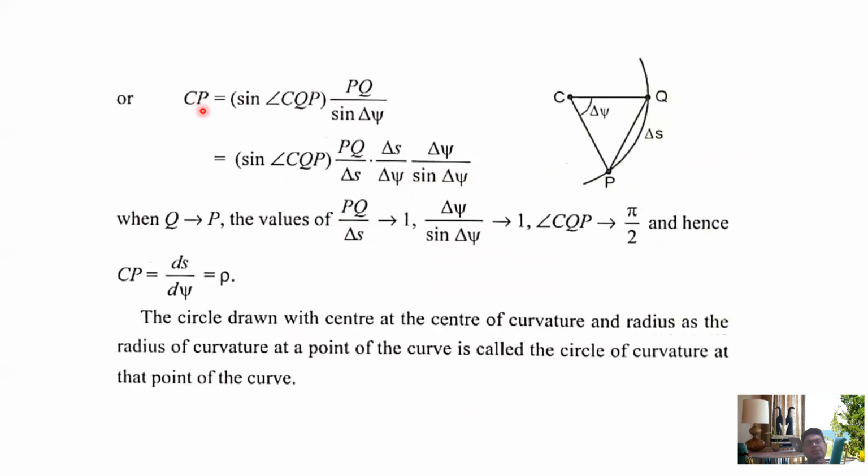Now CP is equal to sine of angle CQP into PQ by sine del psi, which is sine CQP into PQ by del S into del S by del psi, and del psi by sine del psi.